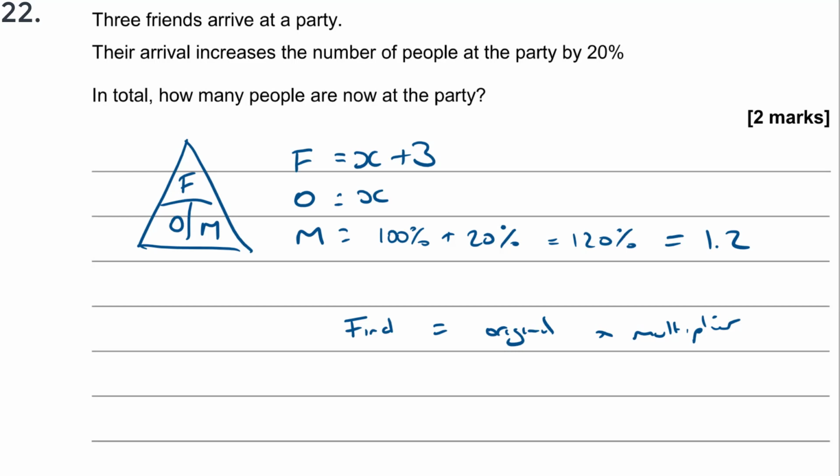So my final I decided was X plus 3, my original was X, and my multiplier is 1.2. So I've got X plus 3 is equal to 1.2x. Now what can I do?